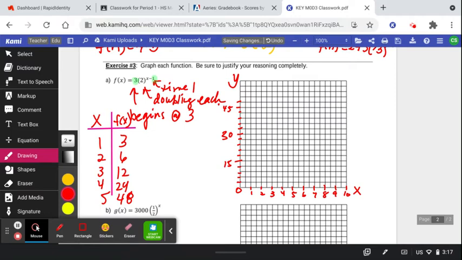Okay, so let's go put those dots on at 1, 3, 2, 6, 3, 12, 4, 24, and 5, 48.